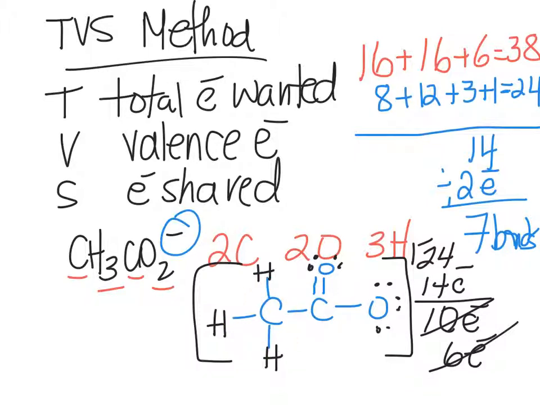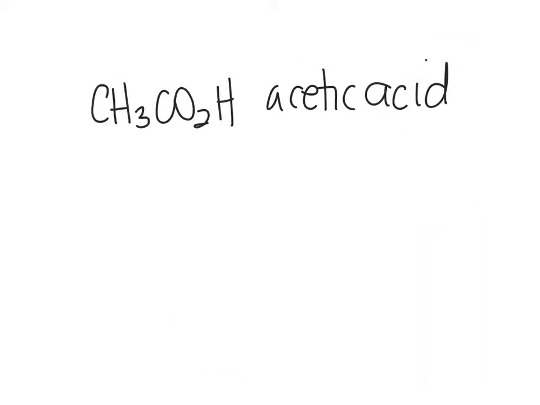Everybody has 8 except for hydrogens, which have 1. Put a 1 negative charge. Good to go. Done. So this way is actually a little bit easier than the other way because it gives you a hint. Figuring out the number of bonds gives you a hint as to how the atoms are arranged.